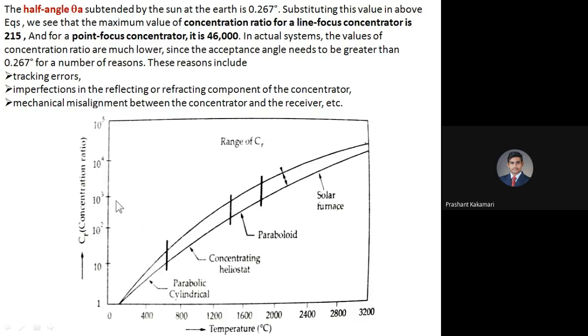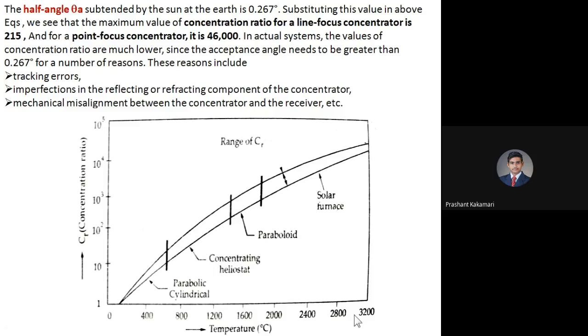So much collector area is required compared to the receiver area, or the aperture area should be higher than the receiver area. It means a concentration ratio of a hundred to a few thousands must be maintained. Then it can reach a temperature range of around 1500 to 2000 degrees centigrade with the paraboloidal type of system.